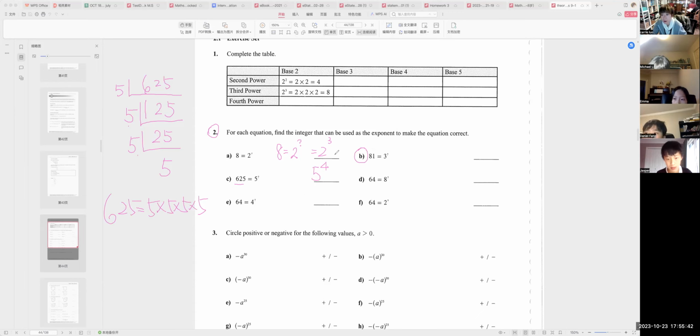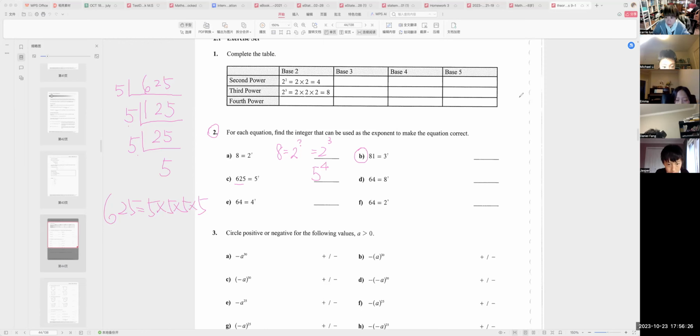81 equals 3 to the power what? Okay, I have received it, right?